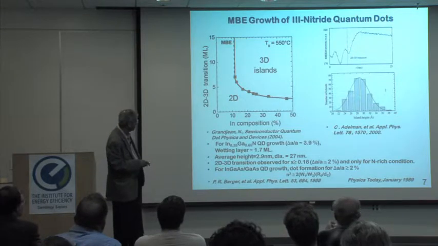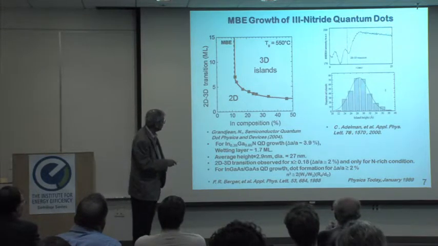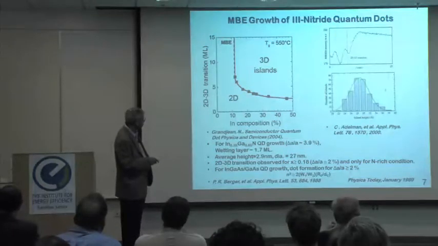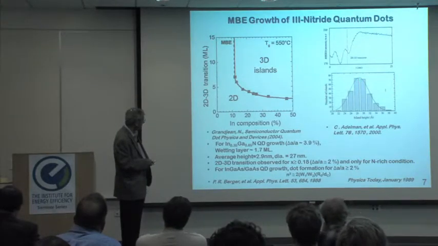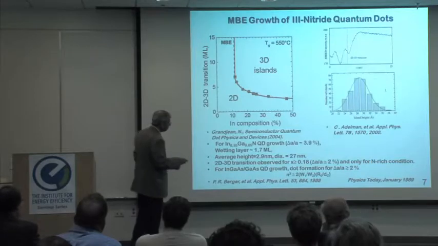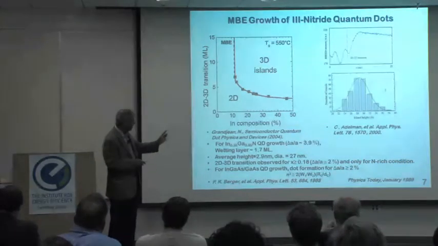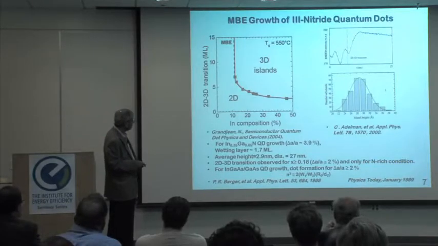This is a histogram of the dot island height, typically about 2.9 to 3 nanometers in height and about 27 nanometers wide. So the aspect ratio is 1:9, so they are fairly spread out.